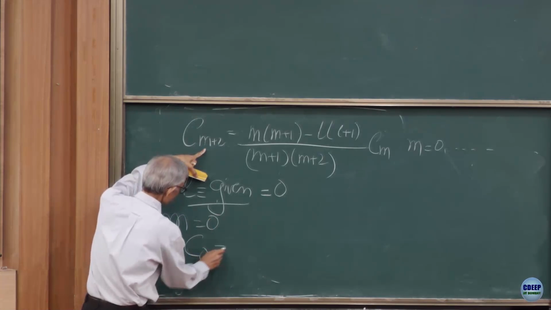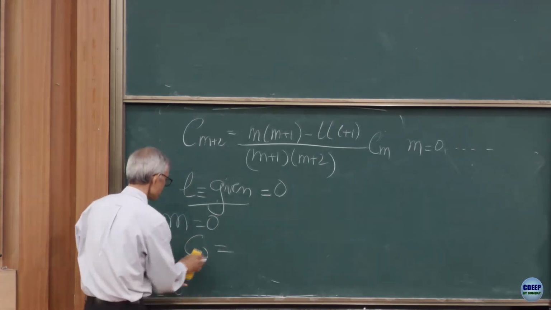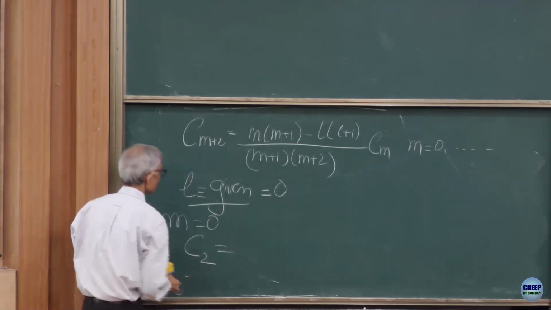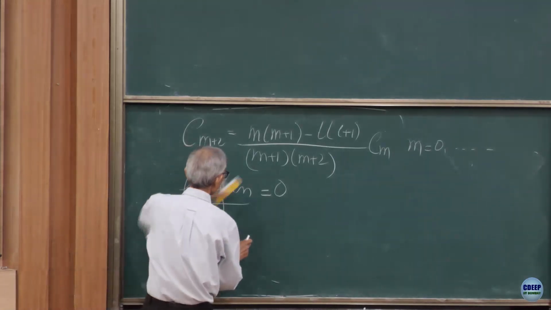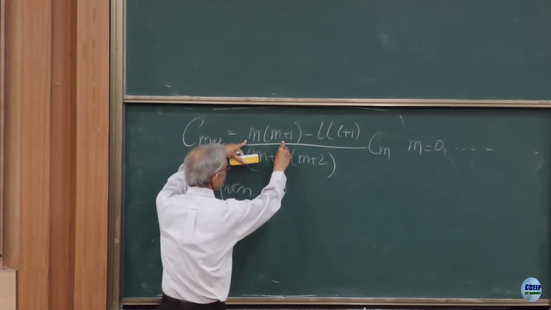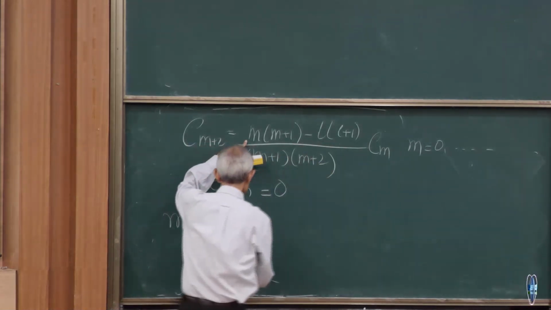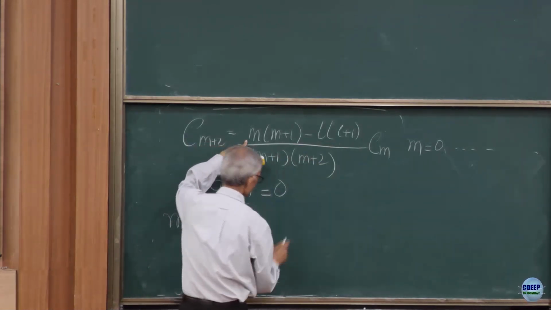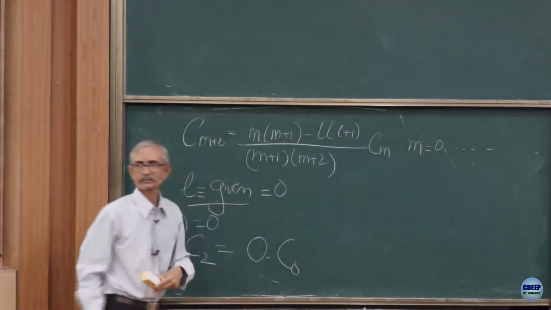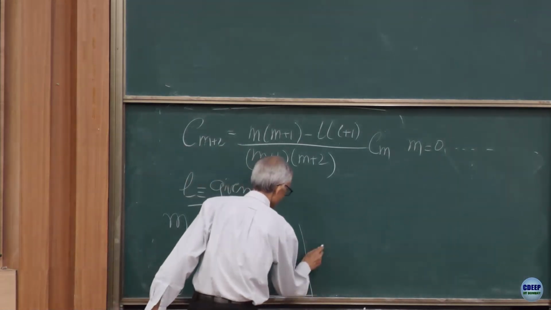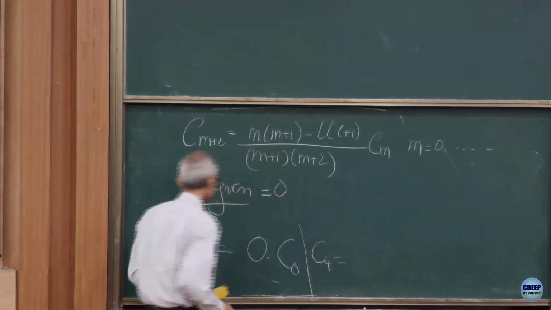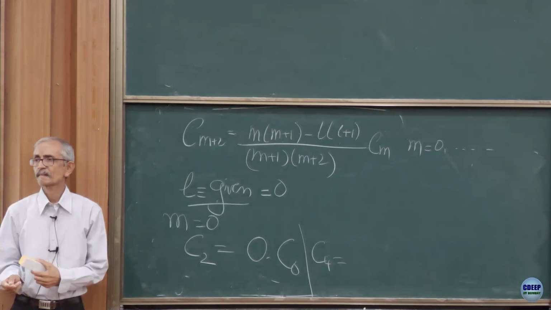So this becomes C2. This M is 0, so 0 into 0 plus 1 minus this is 0 times 0. Right? What is C4? What is C4?